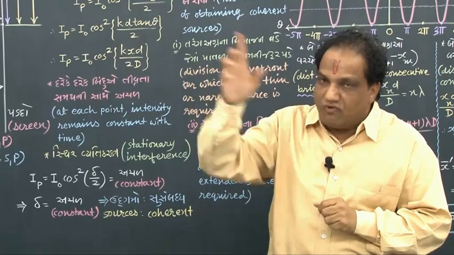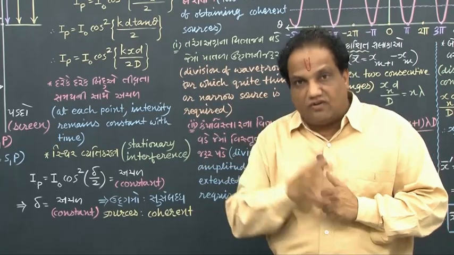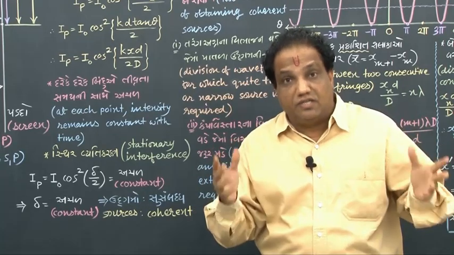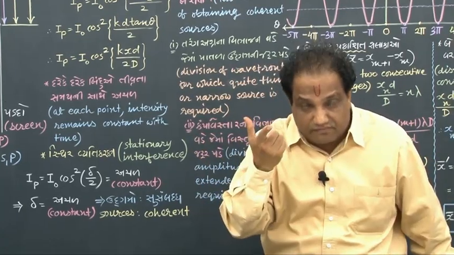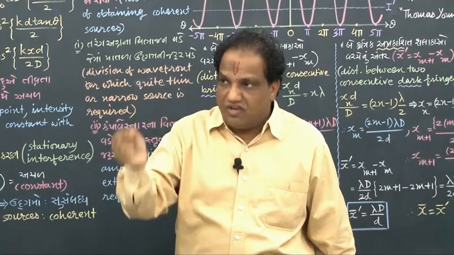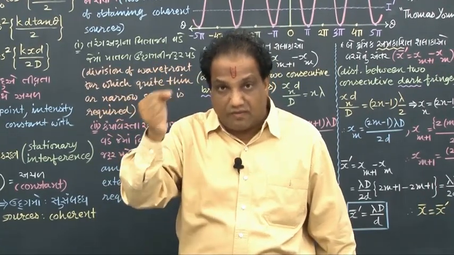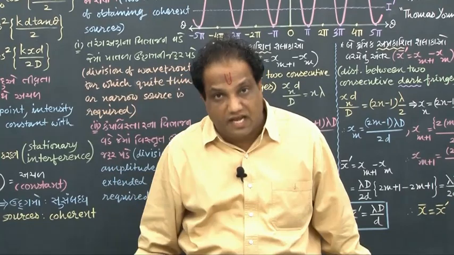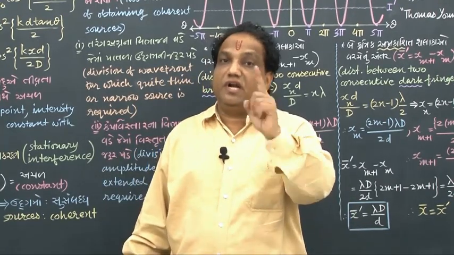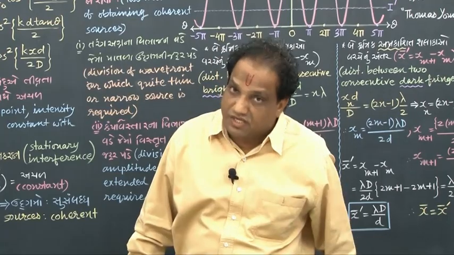In fact, you know what happens? At every point on the wall in that case, the intensity of light goes on changing rapidly, very quickly. It might be changing thousands of times in 1 second. And because of the law of persistence of vision, if any change appears to take place more than 16 times in 1 second before the human eye, then the human eye cannot detect between two consecutive changes.